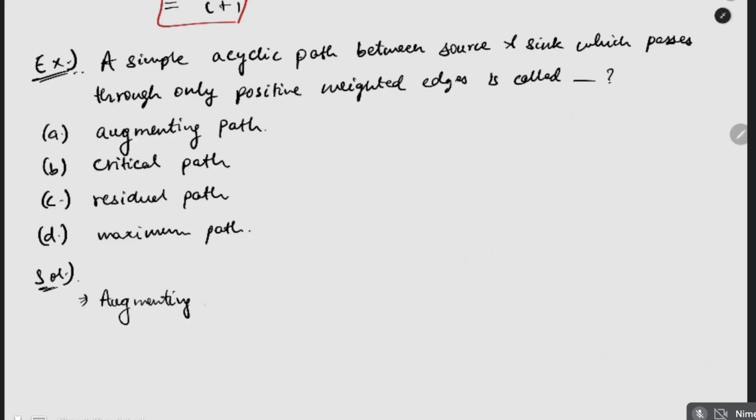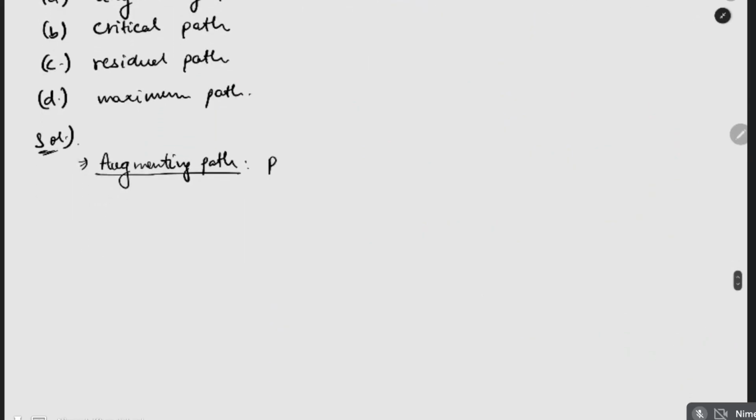So the definition is, augmenting path is basically the path between source and sink that is acyclic. It's a simple path without cycles.